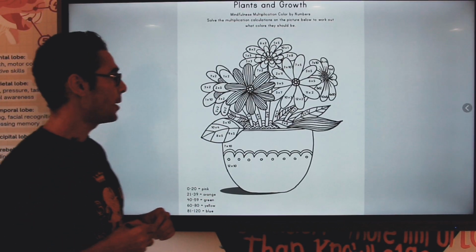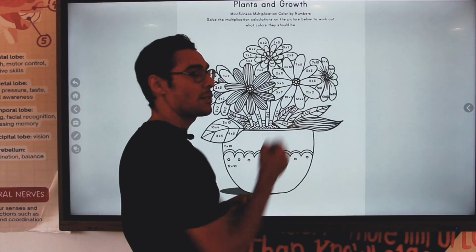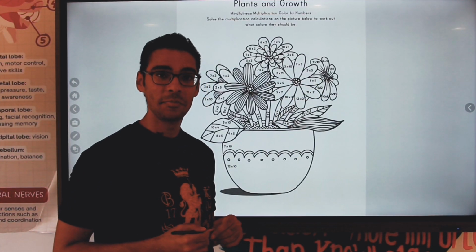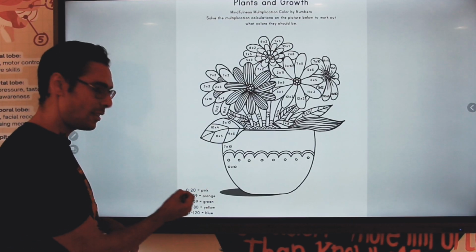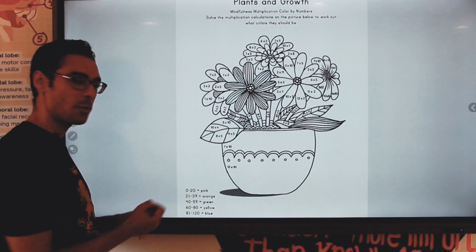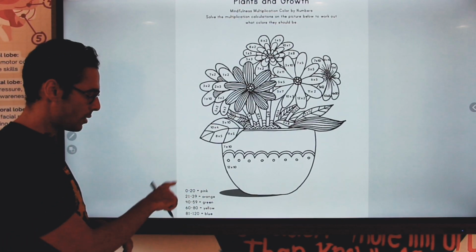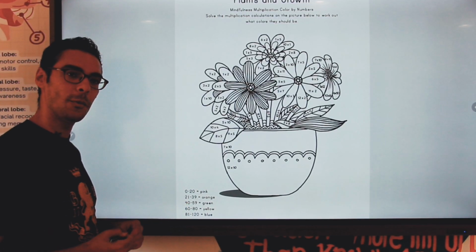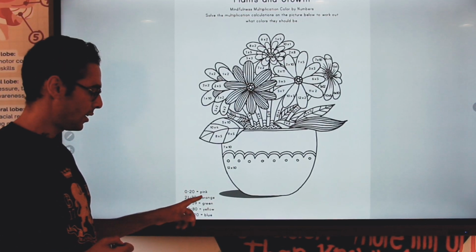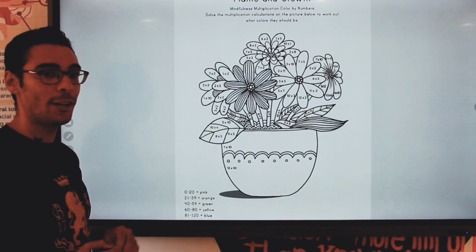Another example here, 5 times 5 equals superhero, 25. The 25 is not in the range between 0 and 20, so it's not pink. It's going to be in the following scale, which is the range between 21 and 39. It's going to be orange, so you color it with orange.